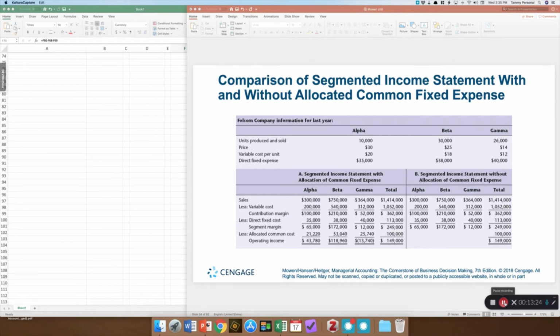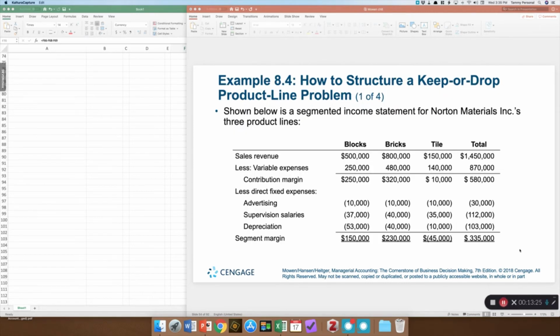Okay, so here is an example of how to actually structure a keep or drop product line problem. And again, I'm not going to put this over in Excel because the analysis, once you understand what it is that you're doing, is pretty straightforward. Okay, so we have all these different products. We have three different products: blocks, bricks, and roofing tile.